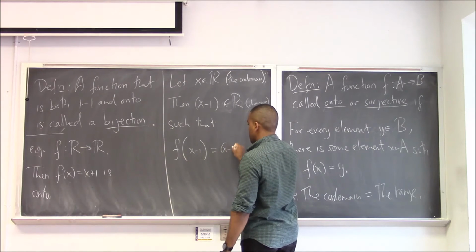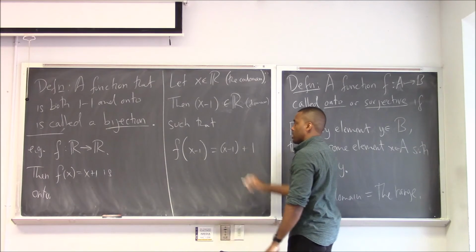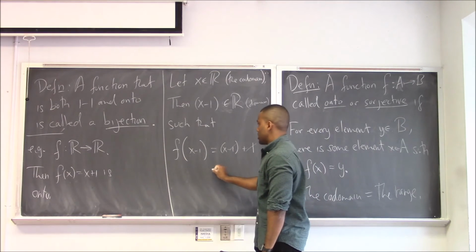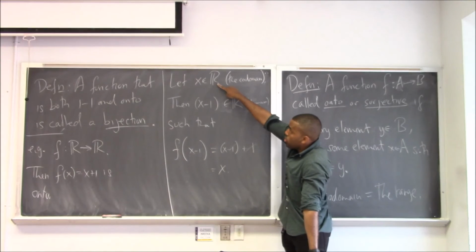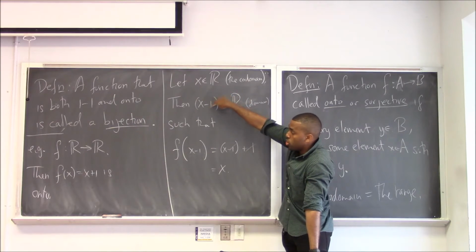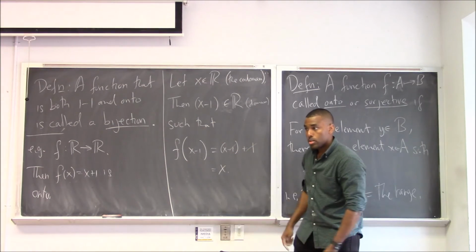Right, but I want to show this x plus 1. Just replace the x with the guy in here. That simplifies to x. So for any number in my codomain, there's a number in the domain that gives that number as the output.